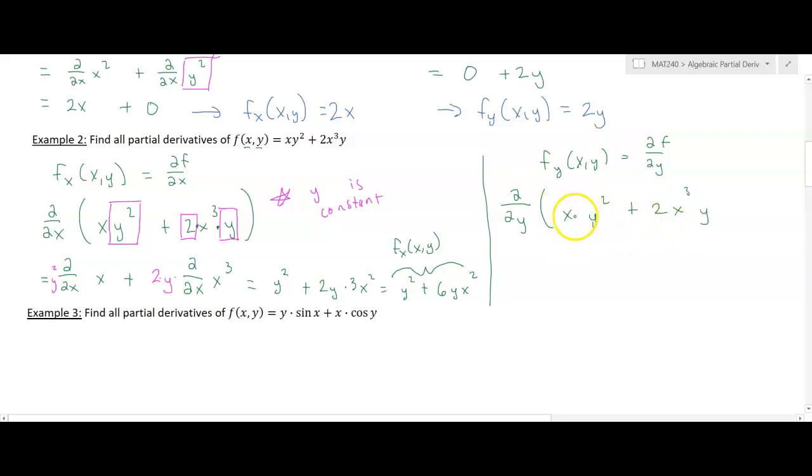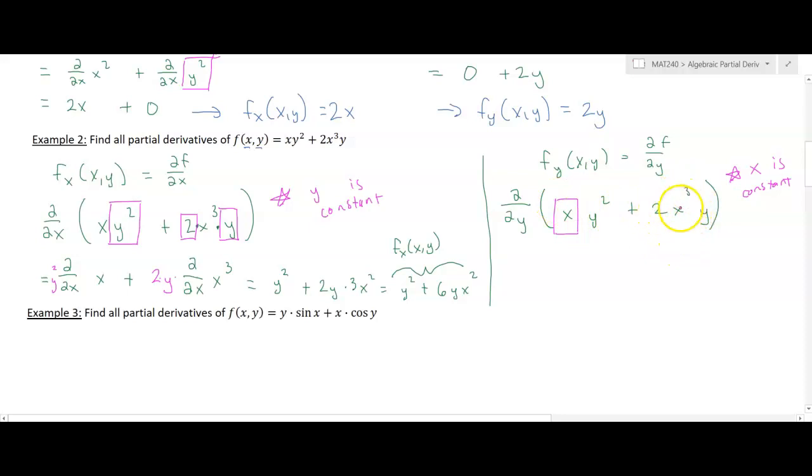Now again, these are all multiplications here, x times y squared, 2 times x cubed times y. So in this situation, we are holding x constant, and since x is constant, we're going to treat it as such. So that means this is a constant times y squared. 2 is a constant.